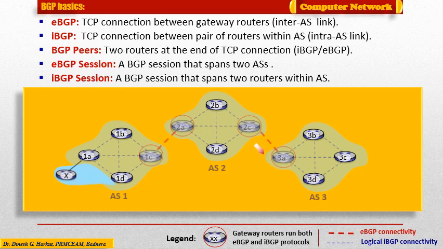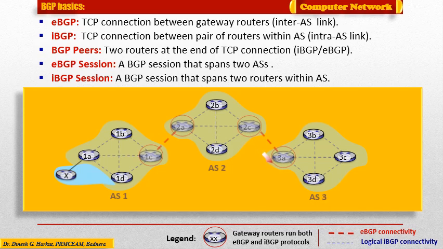The gateway router 2C, specifically in AS2, can therefore re-advertise AS1's prefix to AS3. On receipt of the updated information from 2A, this 2C, that is the gateway router, will then re-advertise the newly updated information to its counterpart in AS3, that is 3A, over this eBGP session.